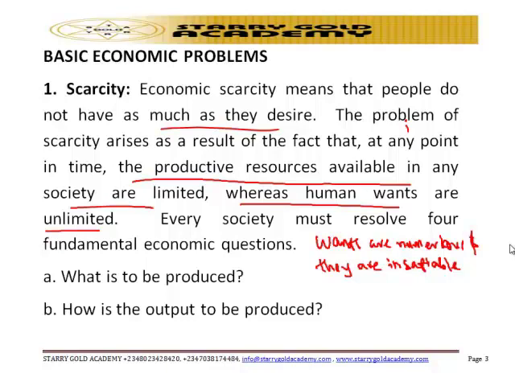I want to travel out. These are wants in my life, and I don't have enough financial resources to do them. So I'm not capable financially now to meet those wants. So wants are always unlimited, while resources are limited.